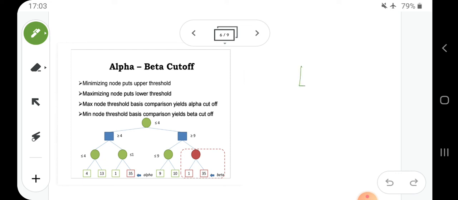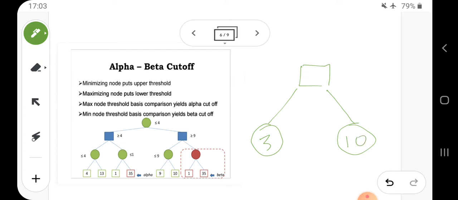Say we have a maximizing node over here, and at the subsequent level we have two minimizing nodes. Their values are 3 and say 10.